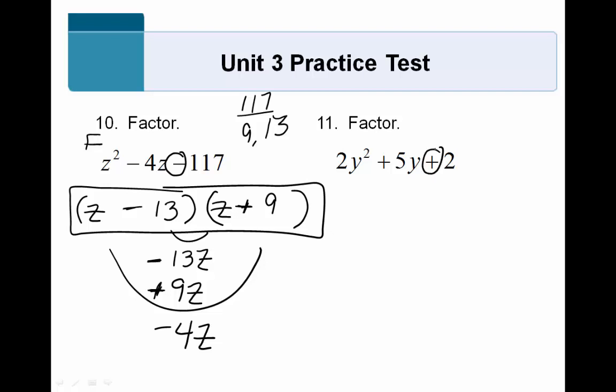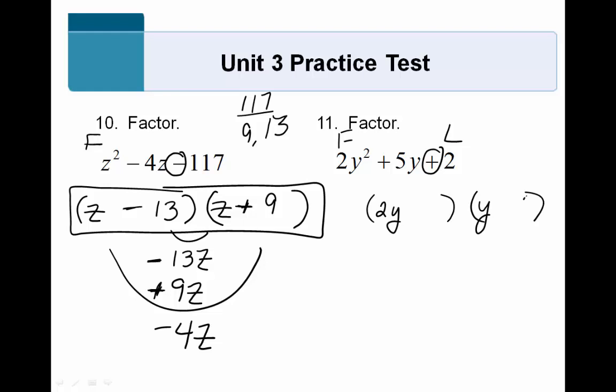All right, this is positive, so my signs will be the same here. Notice now I have a leading coefficient greater than 1. I have a 2y squared. So my F has to be factors of 2. There are only two factors of 2, 1 and 2. So I have 2y times 1y. My L is also factors of 2, which are 1 and 2.